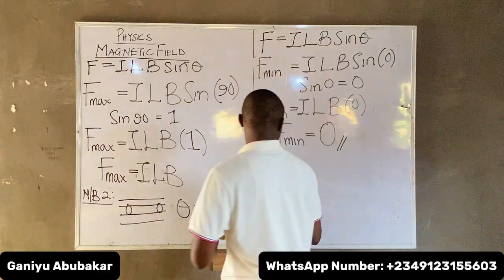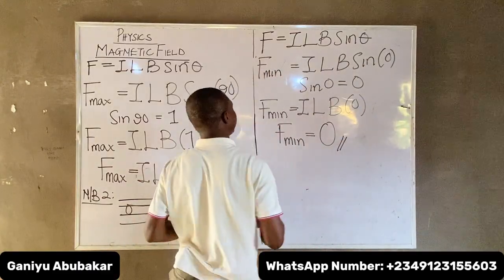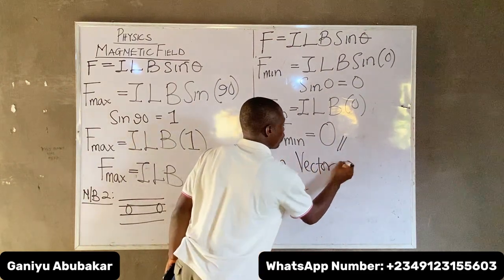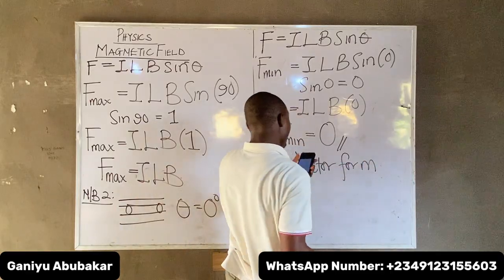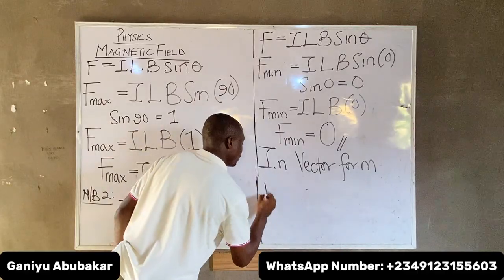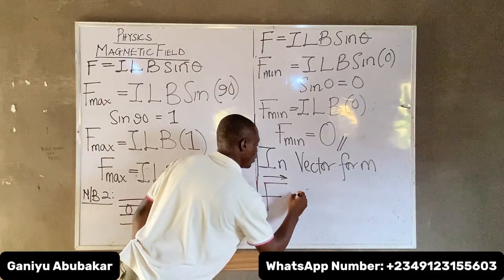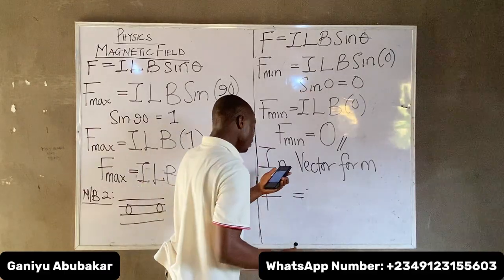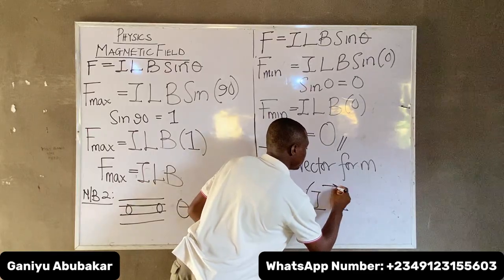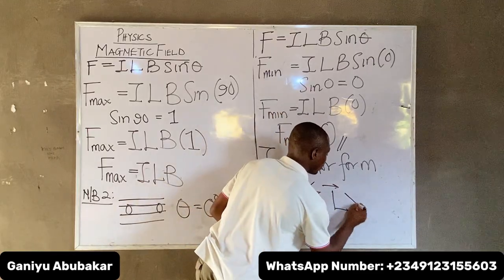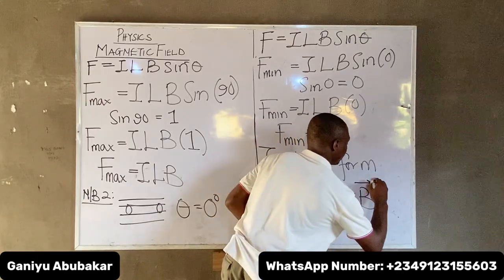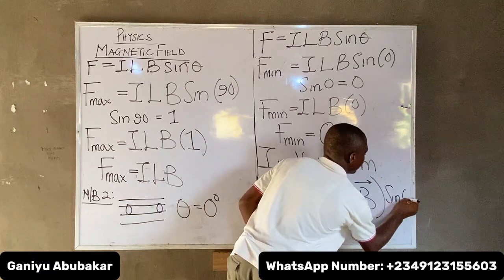Before we move on, let's try to write out the formula in vector form. So in vector form, your magnetic field force is given by F is equal to, in brackets, I L cross B. Of course, we have, if you want to, sine theta.